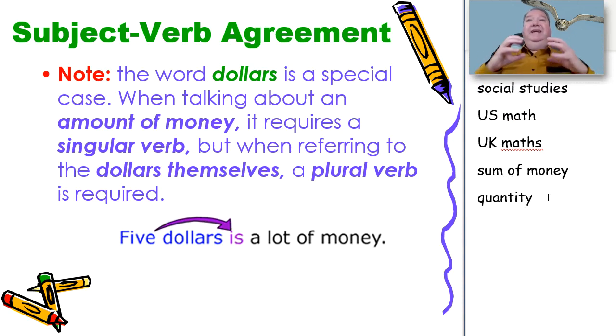An amount of money is a single amount. It's a single quantity. So that is singular. But when referring to the dollars themselves, to the currency, we use a plural verb. So $5 is a lot of money. $5, that's a singular amount. It's one sum. It's one quantity of money. $5 is a lot of money.